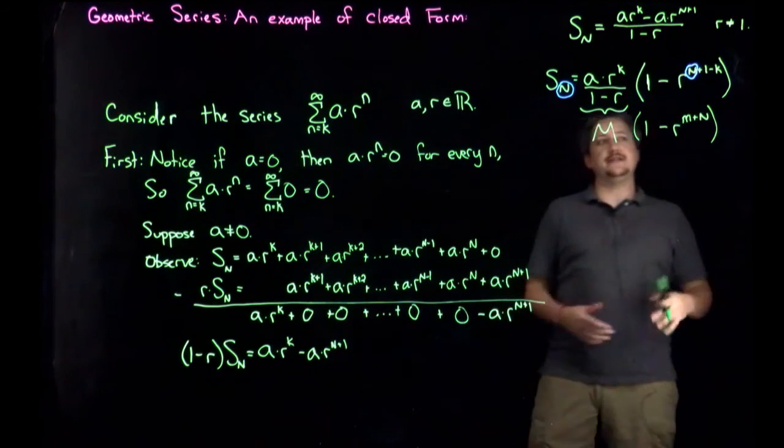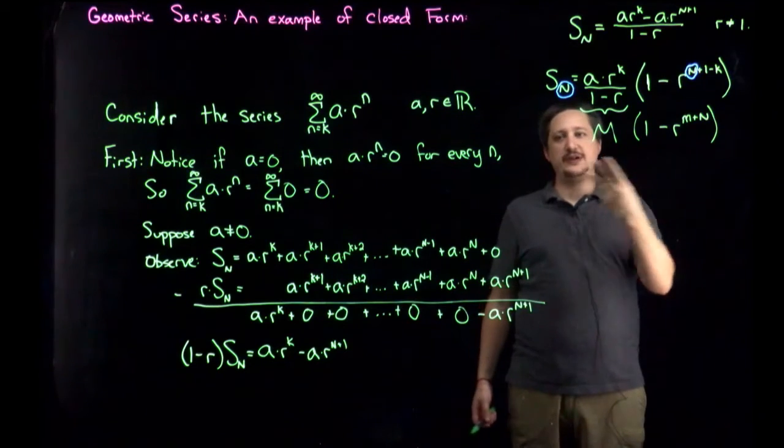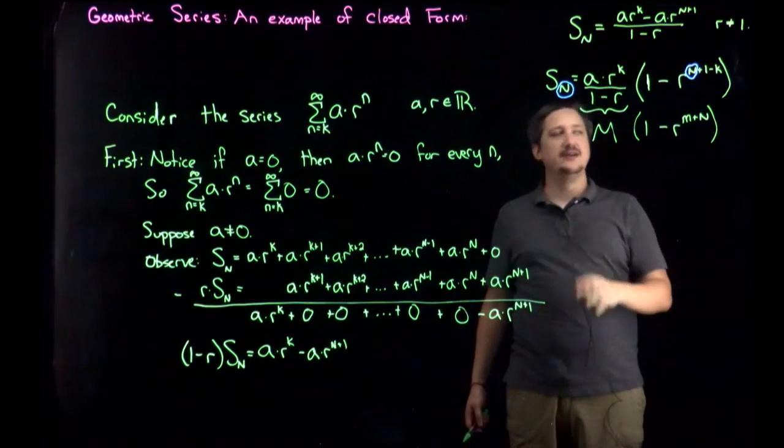So as N gets really big, the exponent of that R gets really big.